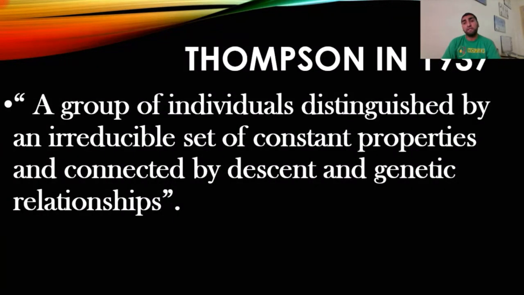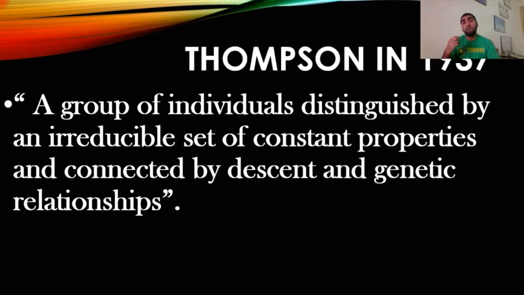Then Thomson in 1937 defined species as a group of individuals distinguished by an irreducible set of constant properties and connected by descendant and genetic relationship. So here he defined the species in a different way.